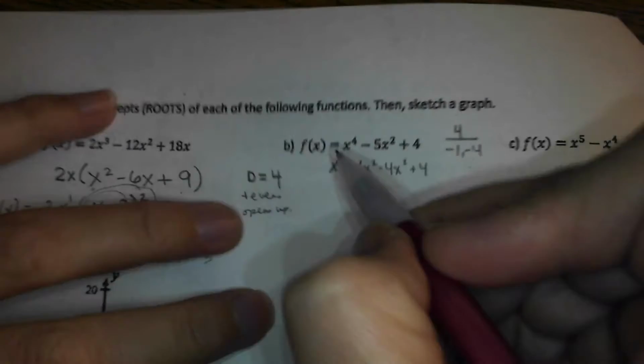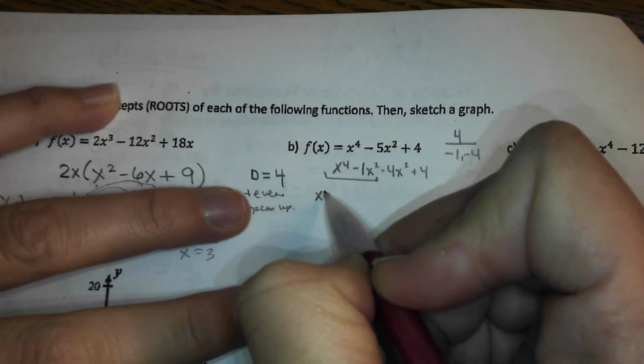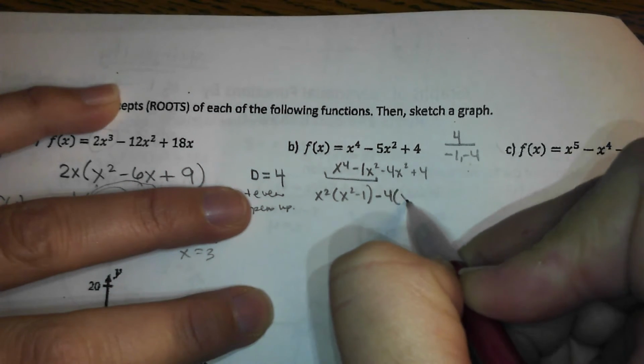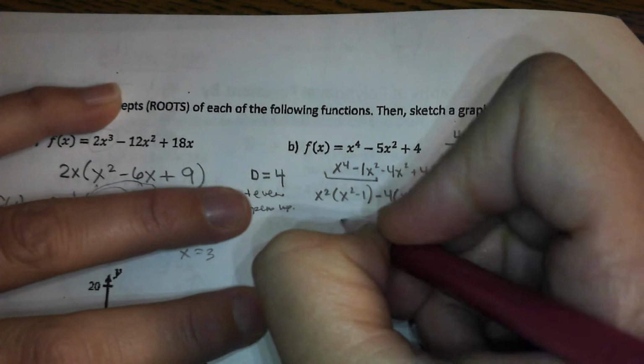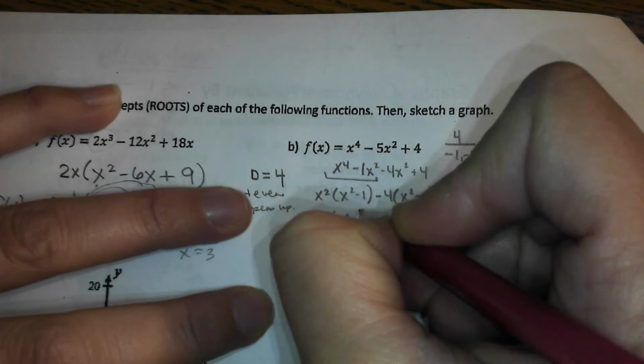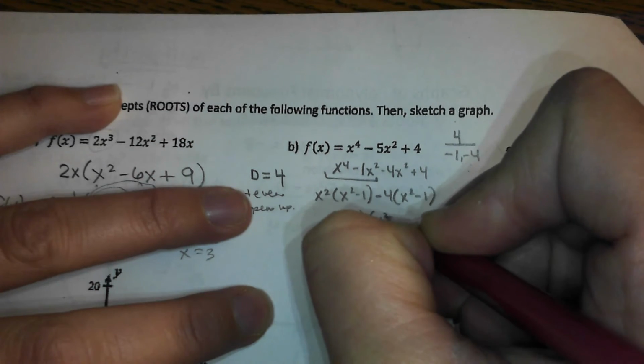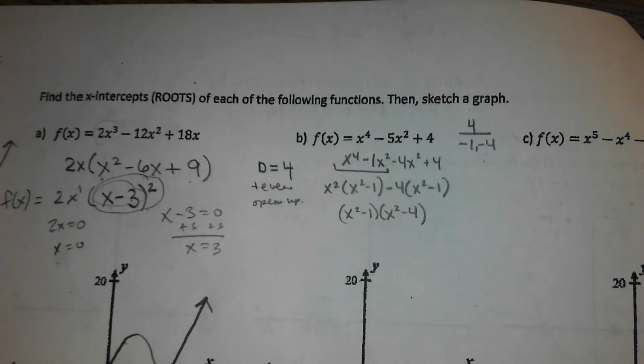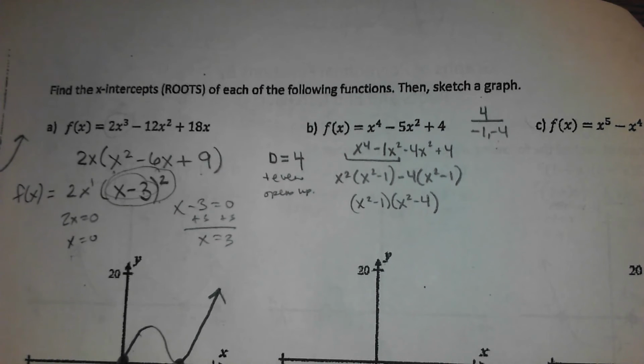And then I group, take out an x squared, left with x squared minus 1. Take out a -4, left with x squared minus 1. So splitting the middle term and grouping gets me to there. Then what, Eric?